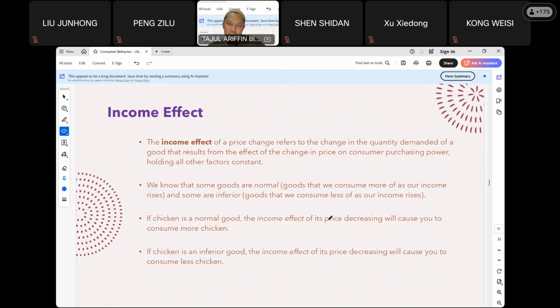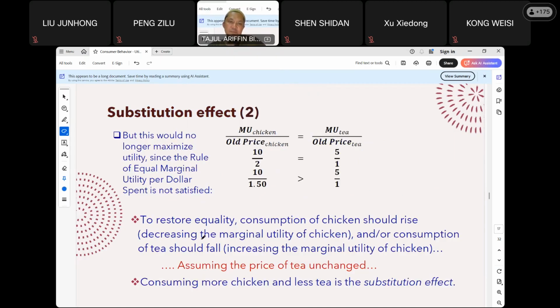I don't want to discuss in detail, I just want to show here. You can see when the price was originally 2, you get equality. But once the price drops to 1.5, you can see inequality: mu over p of chicken is larger than mu over p of tea. So something needs to be done.